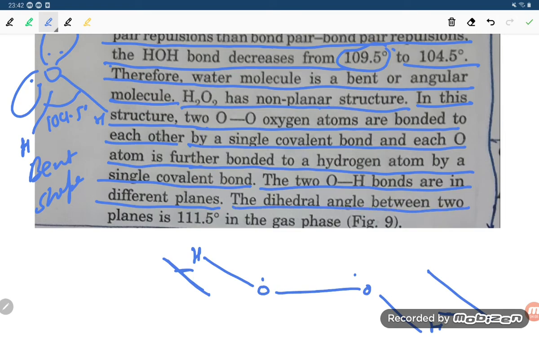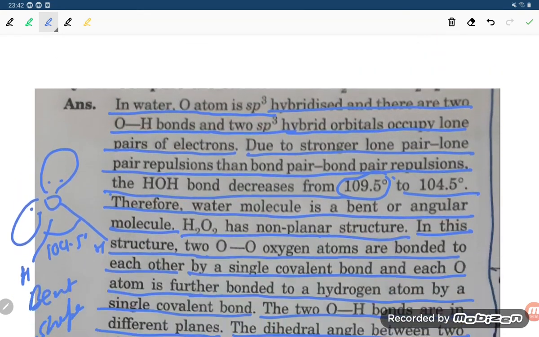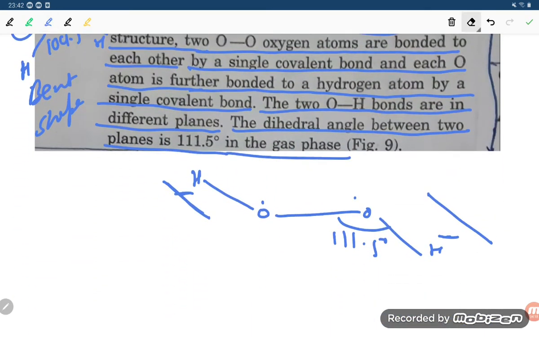The dihedral angle between the planes is 111.5 degree in the gas phase. This is not the dihedral angle, student, I wrongly said that. This is the angle in the gas phase.